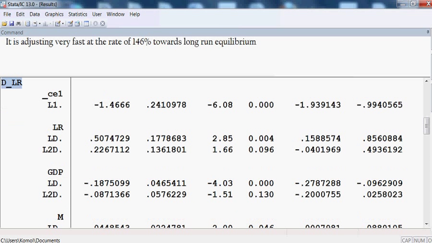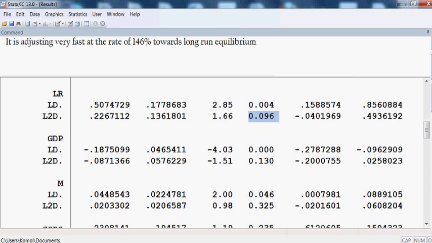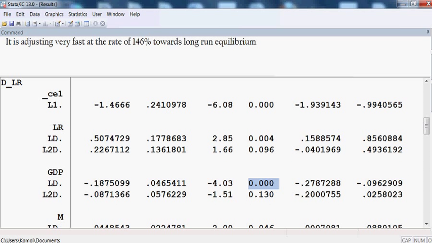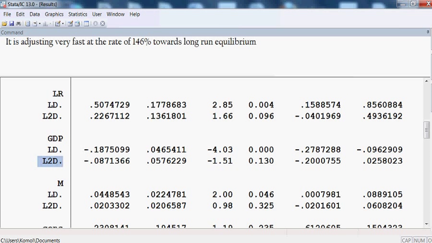What about the second one, lag 2? It is not significant because the p value is very high, 9.6%. But GDP lag 1, yes, it is significant individually to explain our dependent variable. What about this one? It is not significant.